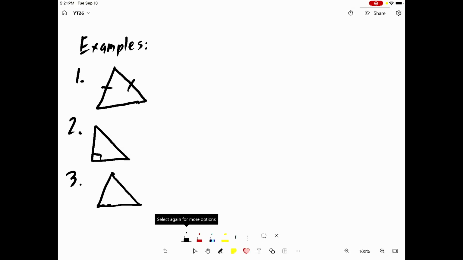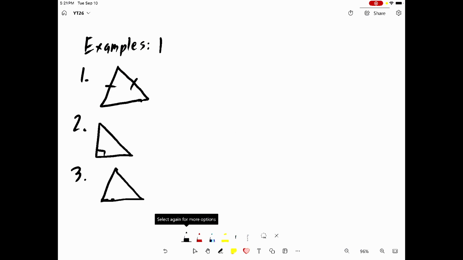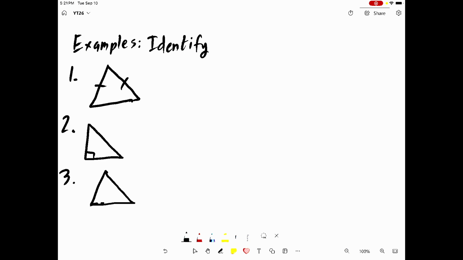Today's 3 examples are all about identifying, which I should probably write over here. Identify. We're trying to identify it, so I just noted it down there. Our first one is where we have 2 tick marks in the center of 2 of the 3 sides, like this.